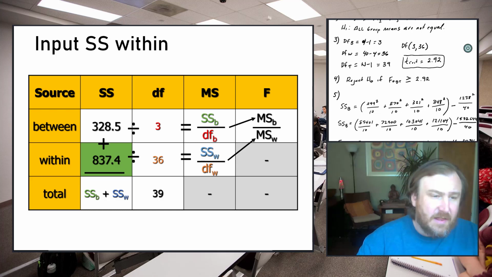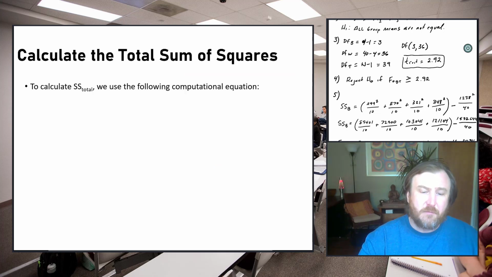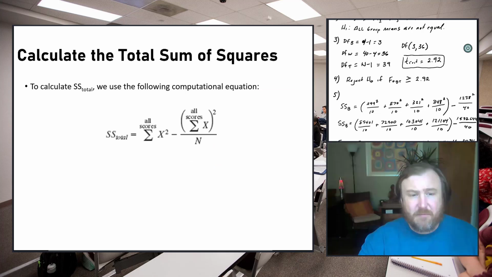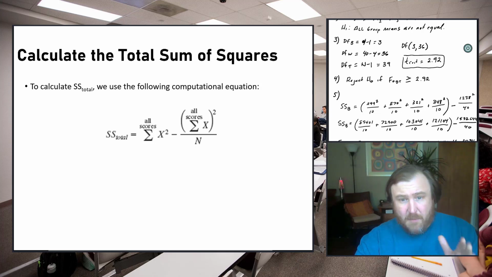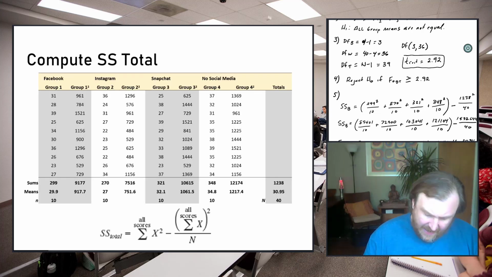Now, the sum of squares between and the sum of squares within, when you add them up, you should get sum of squares total. However, to double check yourself, you should always compute sum of squares total using the formula. So to compute that formula, we have the sum of all scores of x squared, which we just computed, and then we subtract the sum of x of all scores squared divided by n. So let's look at sum of squares total.